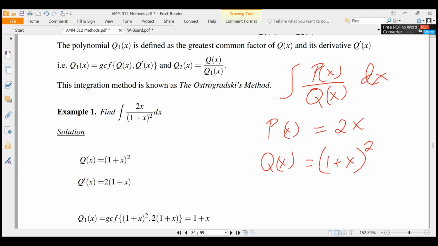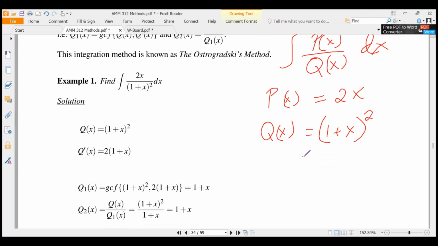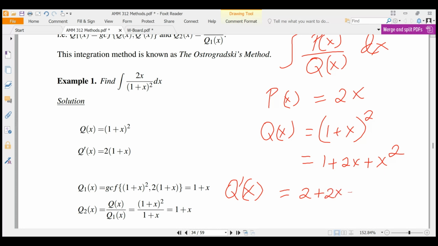Notice that we can expand this and write 1 plus 2x plus x squared. The next thing we do is differentiate to get q prime of x. The derivative of q of x is 2 plus 2x, which we can write as 2 into 1 plus x.